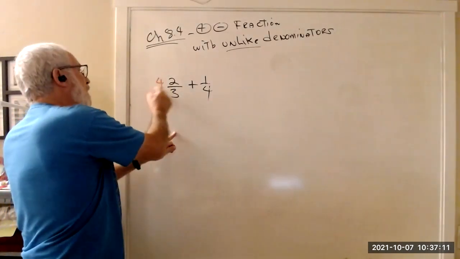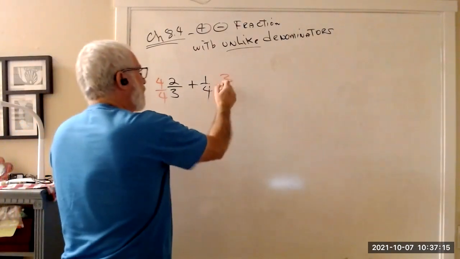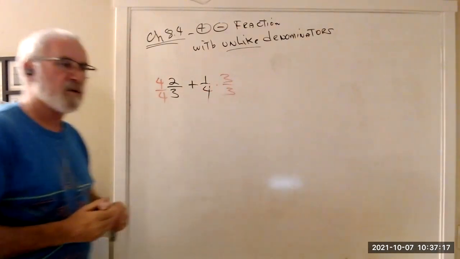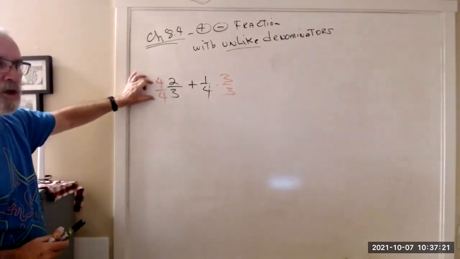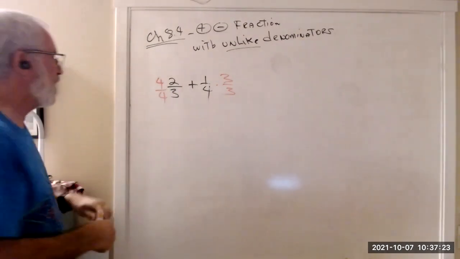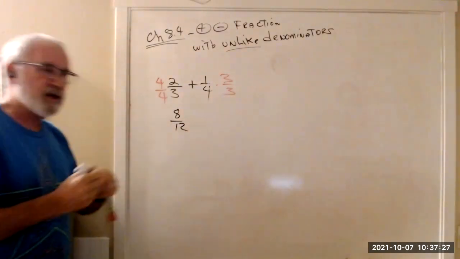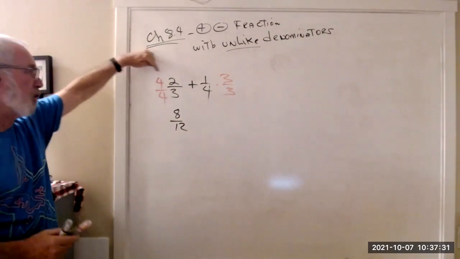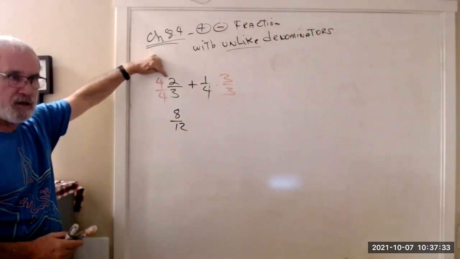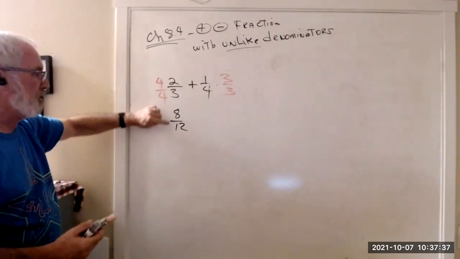So if you multiply this by 4 and 4, and you multiply this by 3 and 3, remember, you're technically multiplying by 1. So you're changing this into 8/12, but 8/12 is equivalent to 2/3 because all you did was multiply by 1. You changed its look, but not its value.